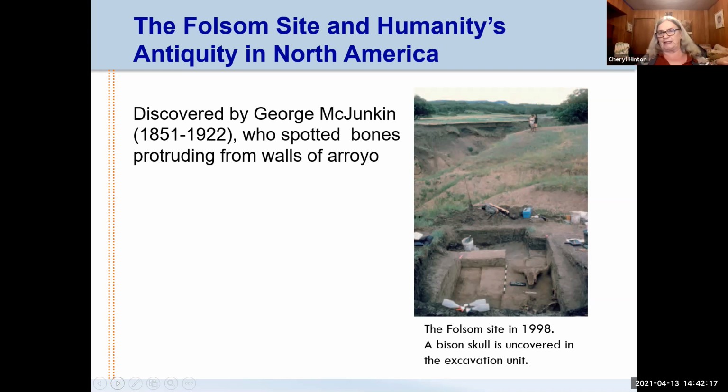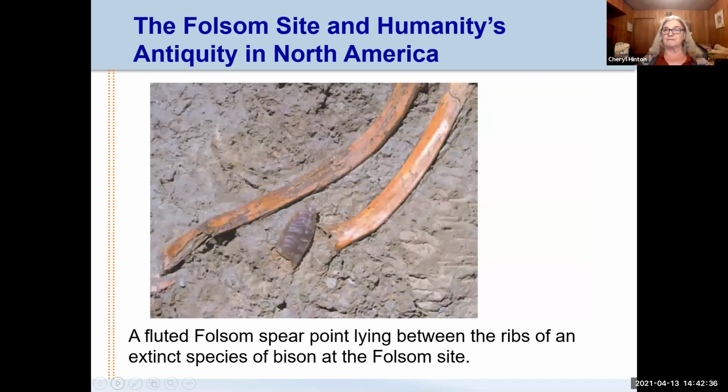An arroyo is this big ditch that you see here that forms in the Southwest. And down below, you see the Folsom site in 1998, and a unit being excavated, and you see a bison there. So he saw a huge bison and realized that it was associated with human artifacts.